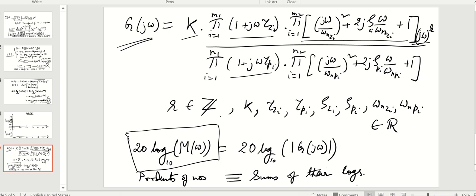The main idea is that products and quotients reduce to sums and differences when we take the log. So now that we've written it in the product form and quotient form, if we are able to figure out what the log magnitude plot of each individual block looks like, then we are done, because then we have the building blocks. What we then need to do is just add them, and we are done.